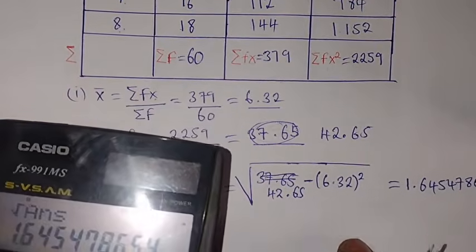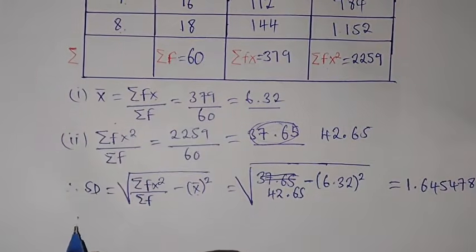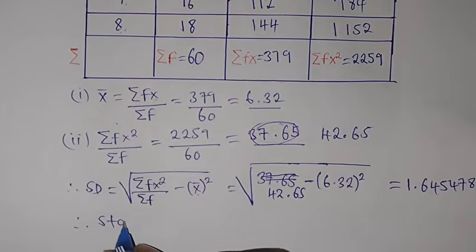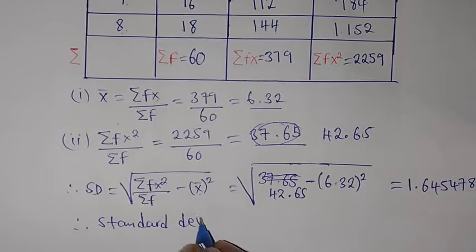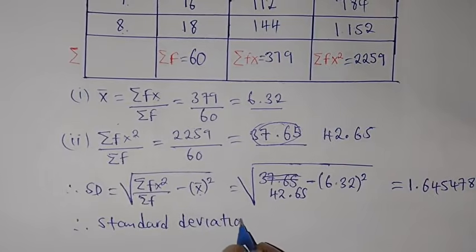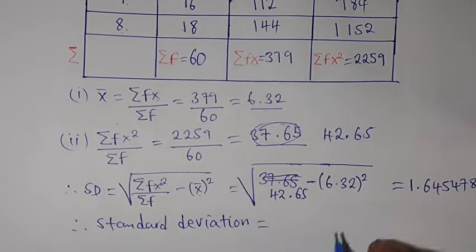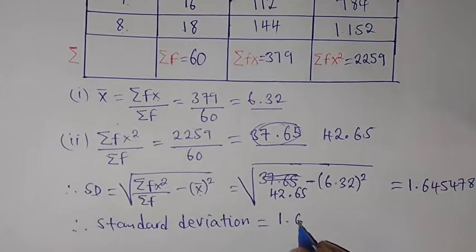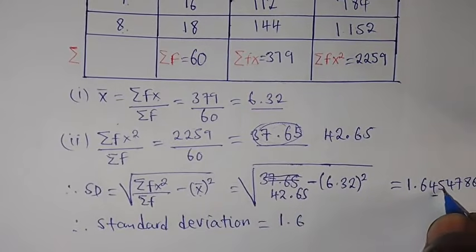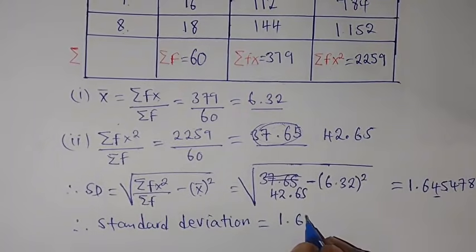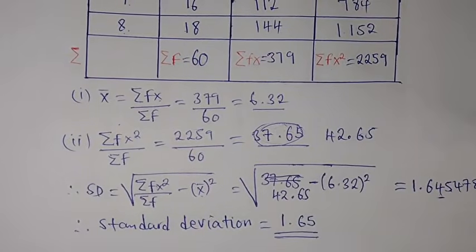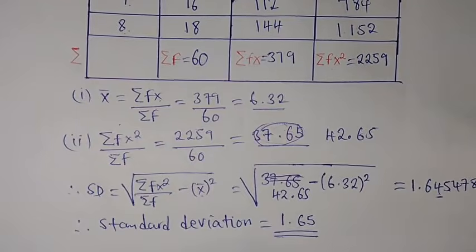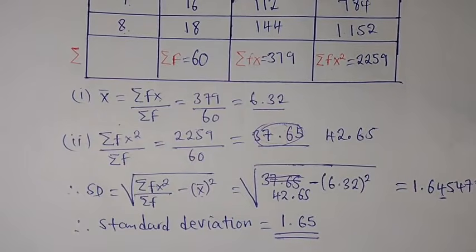So what you are going to do here is say therefore standard deviation. You just need to leave our answer correct to 3 significant figures. So 1.6, this 4 will be rounded up to 5. So this 4 becomes a 5. So this is our standard deviation. So thank you so much, everybody. Bye-bye.